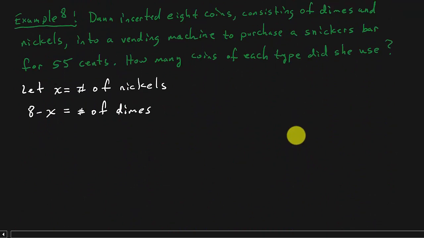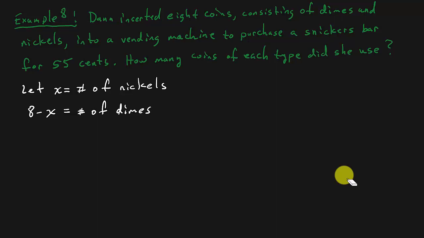Because think about it. You've got 8 coins total, right? Well, if you have 2 nickels, how many dimes do you have? You got 6, don't you? And how do you get that? Well, if you got 2 nickels, because x is nickels, if you plug 2 into there, 8 minus 2 is 6.